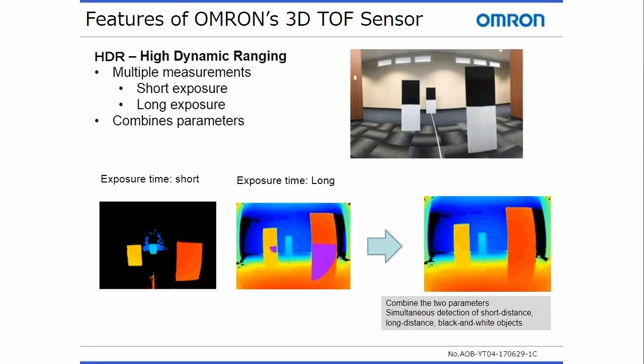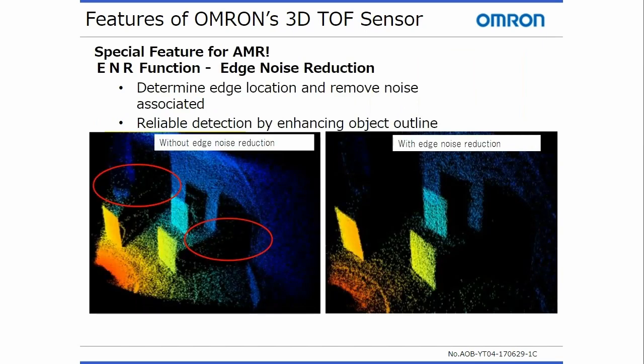The last feature I would like to highlight is the built-in edge noise reduction function, or ENR function, that is capable of determining the edges of an object and reducing the noise associated with these edges. Data can be removed when there is a large difference in the distance between pixels. Pixels whose distance difference is greater than or equal to that ENR threshold value are determined as boundaries, or edges.